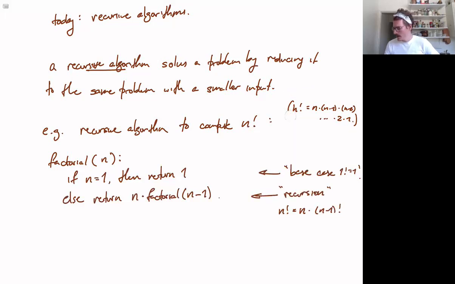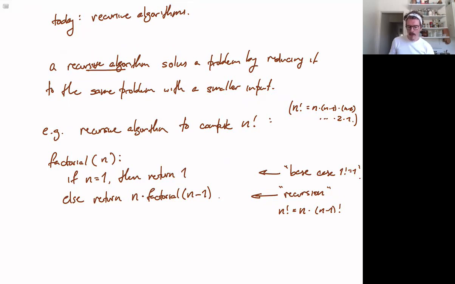If it's not already obvious, let me make this n prettier. Right, because n factorial is n times this whole thing, which is n minus 1 factorial. That's all this is saying.